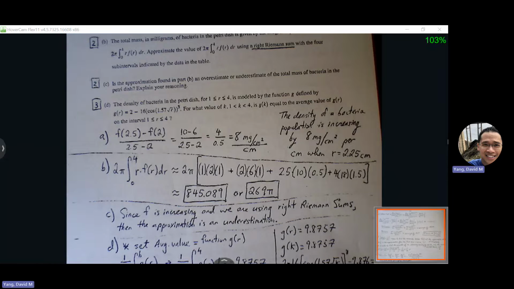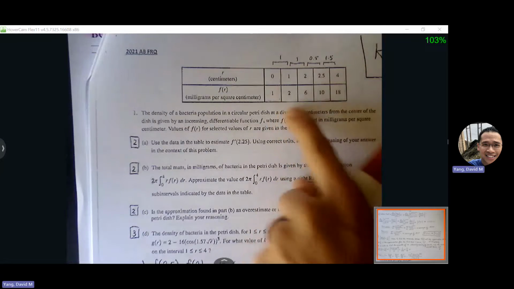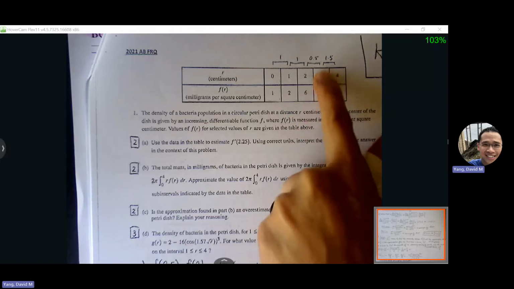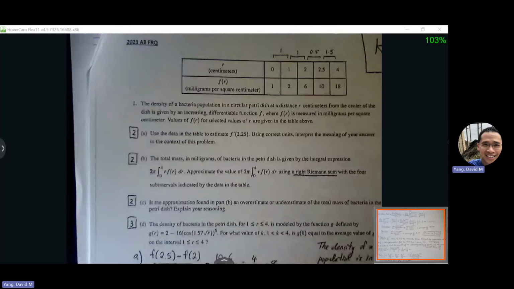But the fact that they're doing r f of r, we also have to include the r value at the height where we're finding that height value. So we have to be able to pull the 1 to 2, the 2 to 6. Not only are we trying to find the height, we're also using the r value for that height, which is really strange.